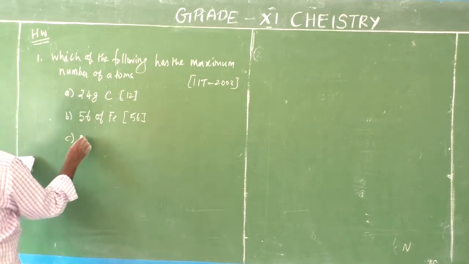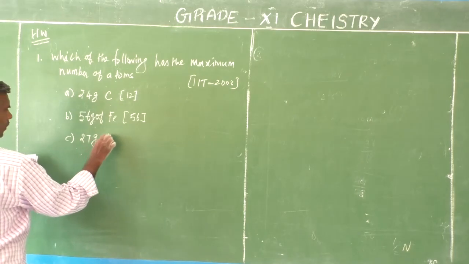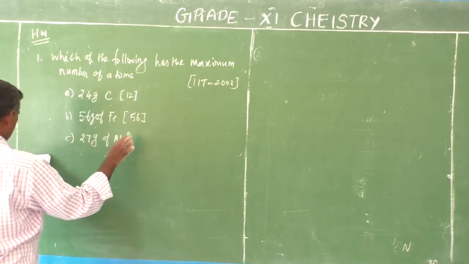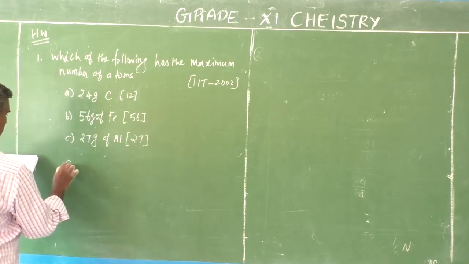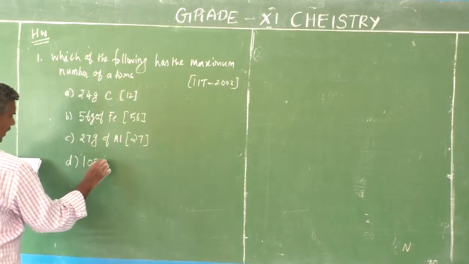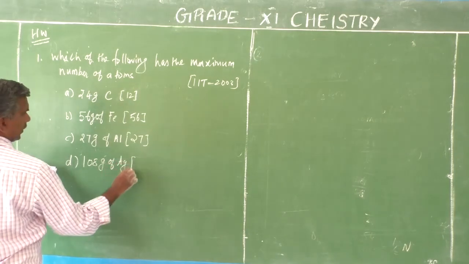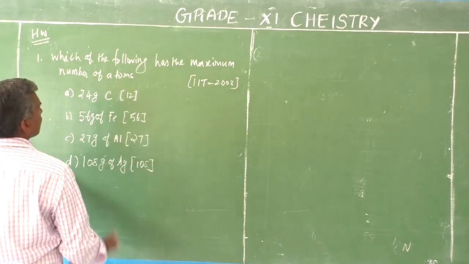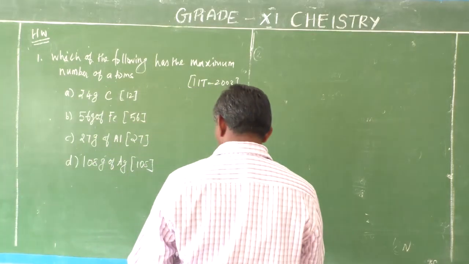Option C: 27 gram of aluminium, aluminium mass is 27. Option D: 108 gram of silver, atomic mass 108. This is IIT 2003. Next question.